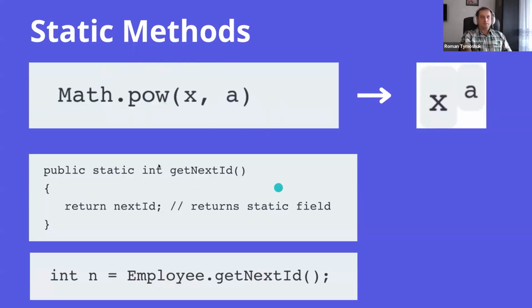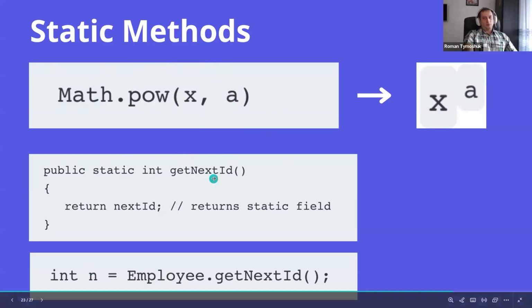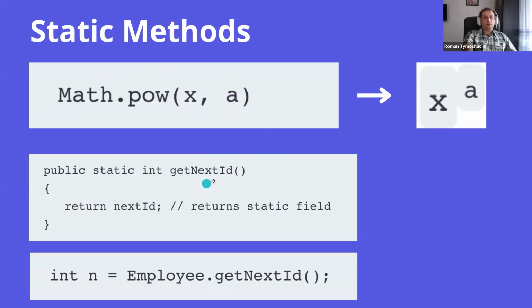It means that when we are implementing static methods, they work in a static context with only static variables. For example, here we have the method getNextID from the Employee class, and it returns only the static values.